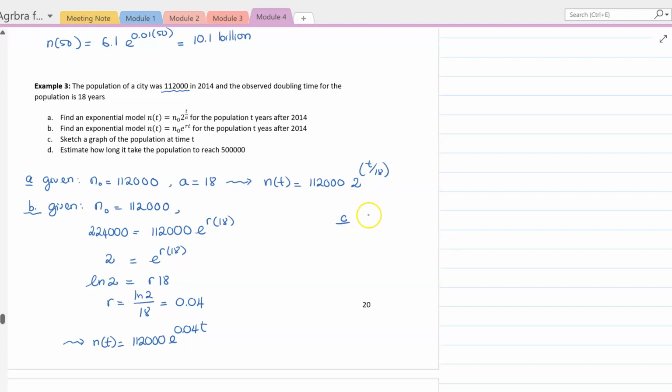So let's estimate how long it takes for the population to reach 500,000. Let's say if we use the first formula, 500,000, and we need to solve for t in this case.